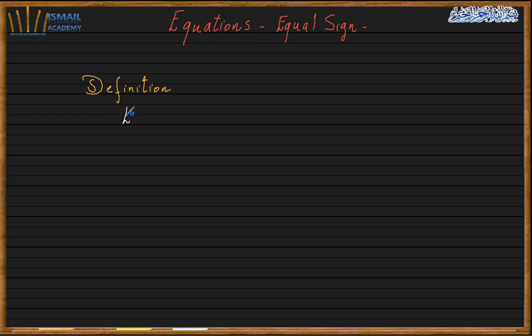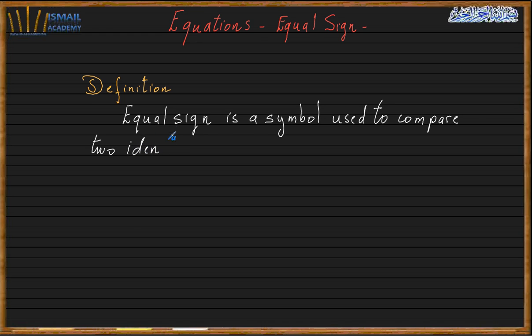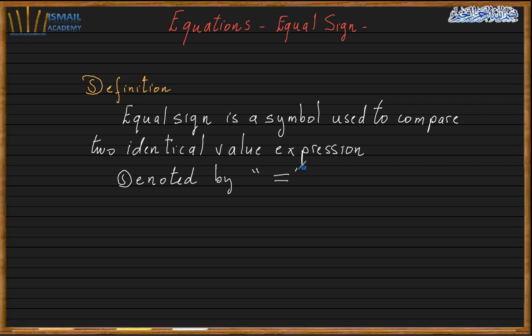So that's all. So an equal sign is a symbol used to compare two identical value expressions. It is denoted by the notation of two parallel bars.